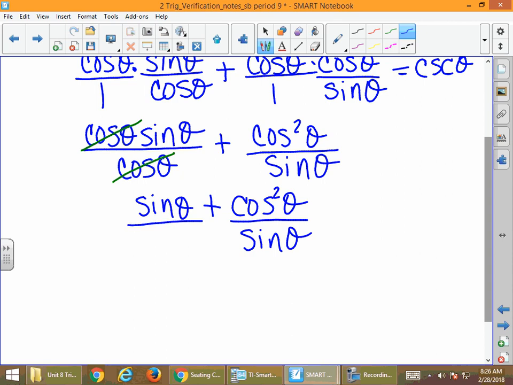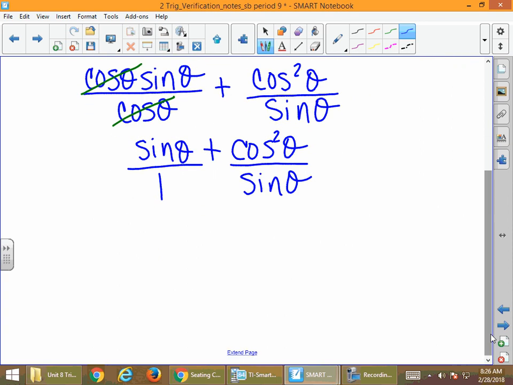I'm going to put the 1 back in here because one of our techniques is that we can add fractions together. But when we add fractions, we have to have a common denominator. And we don't have a common denominator right now. But we have a 1 in the denominator, and we have a sine in the denominator.